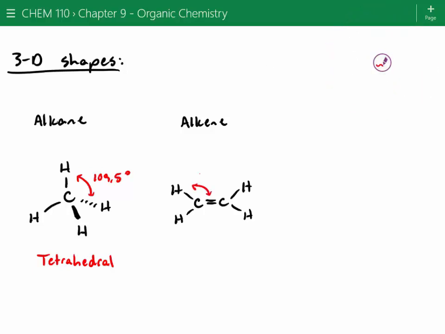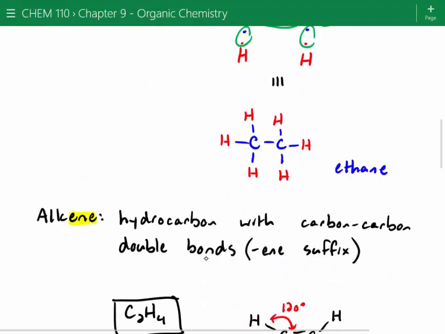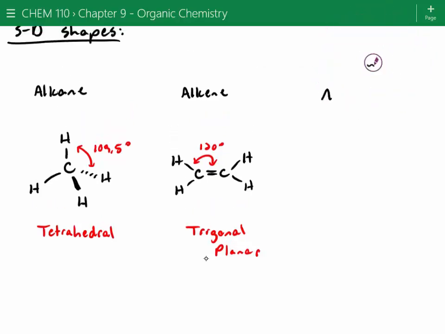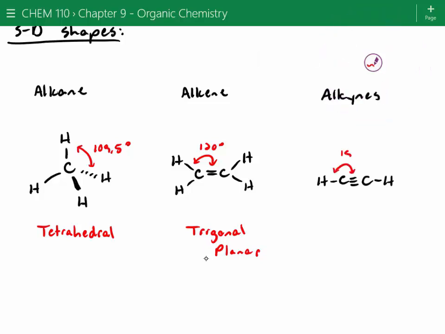These are approximately 120. And these are trigonal planar. These are 120. And then we've got alkynes. And these are 180 degrees and they're linear.